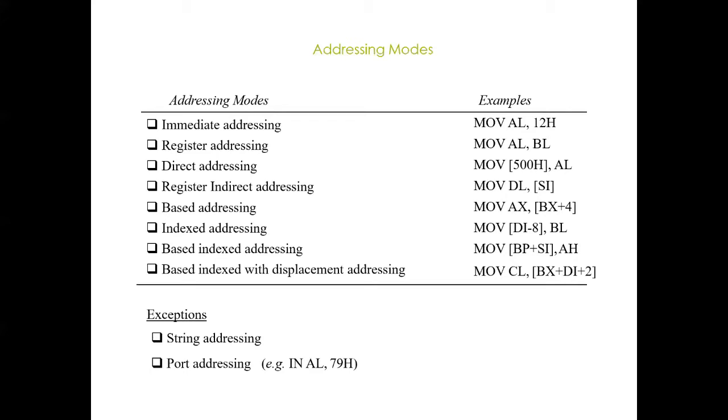Next is register indirect addressing mode. The operand's offset is placed in any one of the registers BX, BP, SI or DI as specified in the instruction. Example, MOV AX, [BX].